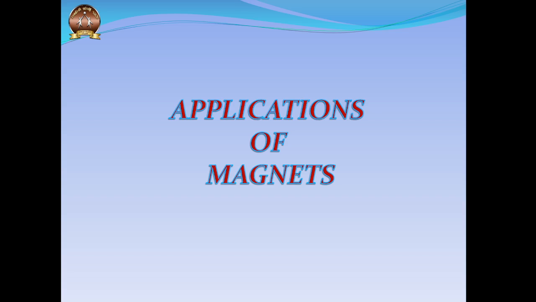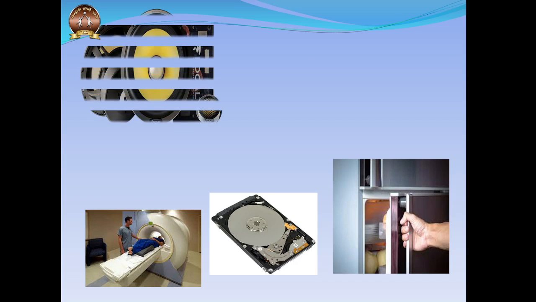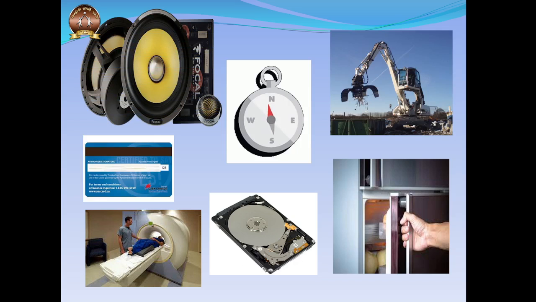Now let's talk about the applications of magnets in our day-to-day life. Magnets are used in many devices in our day-to-day life, starting from speakers to mics, the MRI or magnetic resonance imaging machines in hospitals.